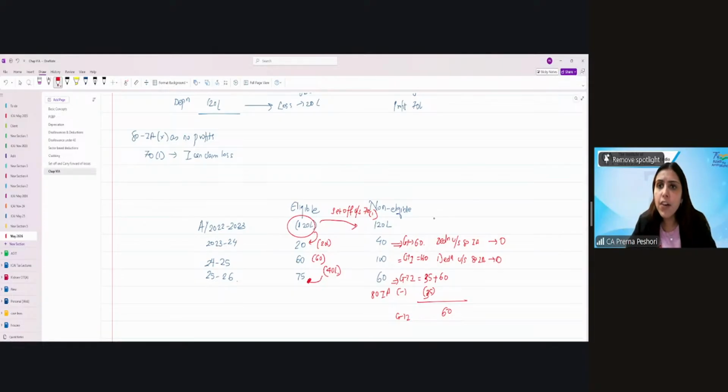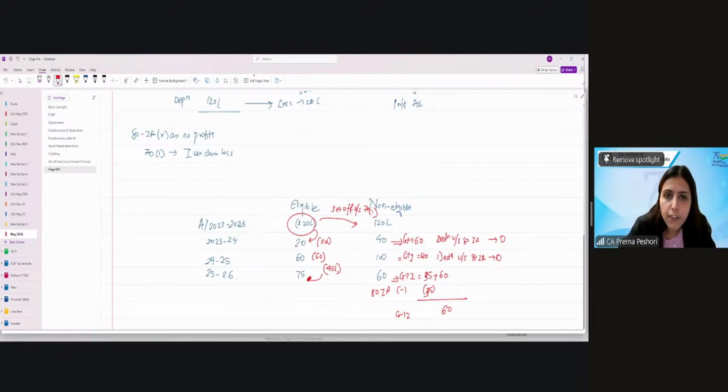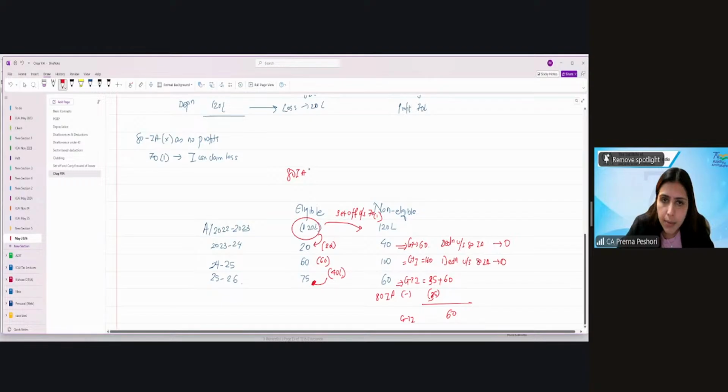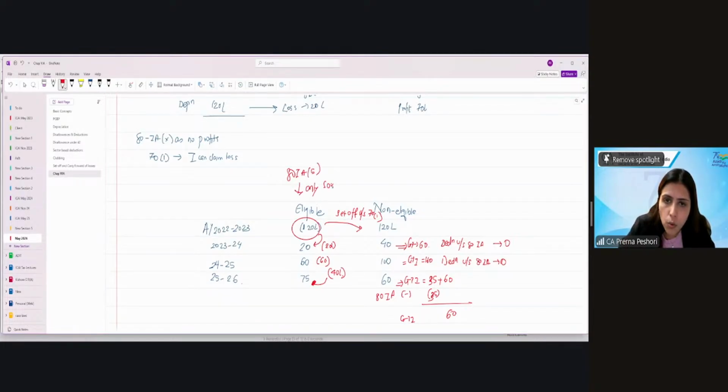What does ATIA 5 say? Consider that this is your only source of income. So ATIA 5 is telling me that this is the only source of income, and this I have to apply even in the year of loss, this particular fiction. This is my fiction which gets created, isn't it?